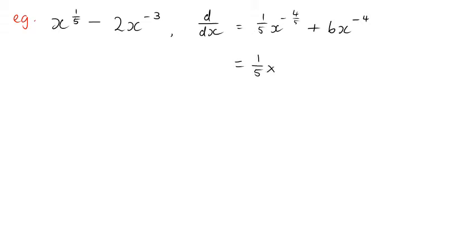1/5 times x to the negative 4/5 is 1 over x to the 4/5, plus 6 x to the negative 4 is 1 over x to the 4. Might be easier if we include a few brackets just so we don't get mixed up with our BODMAS.